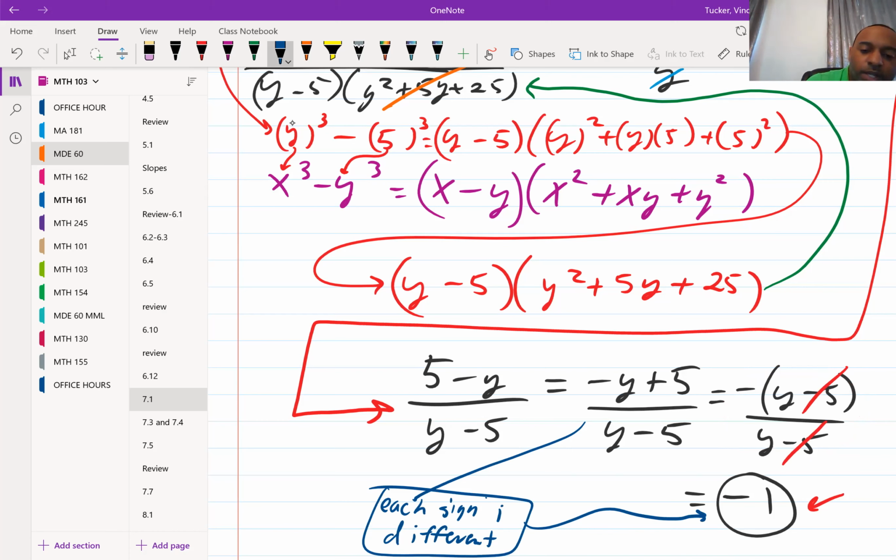So the short way of doing that is just recognizing that if each sign is different, then your result will be -1. If the only thing that's different between the two is that each sign is different, then that will cancel out and give you -1.